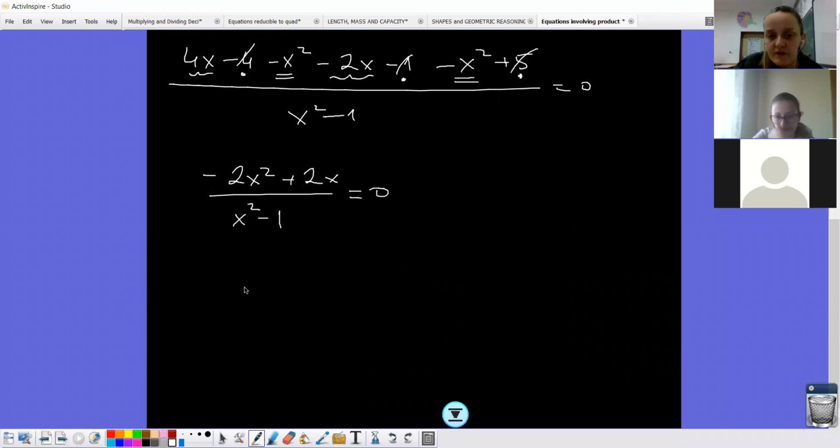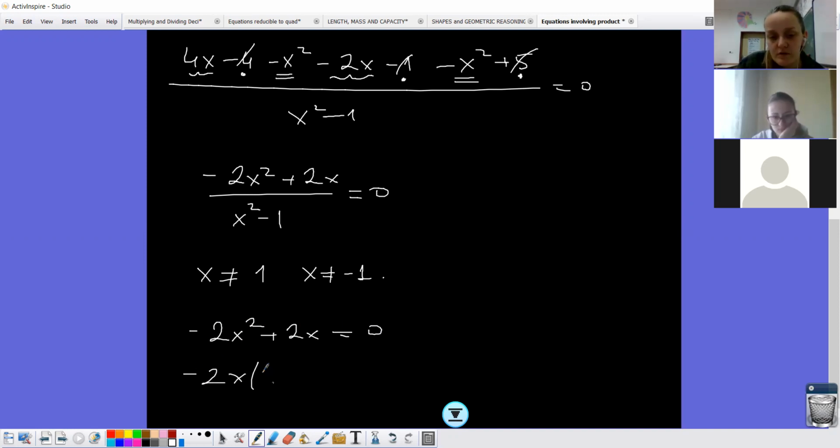Now from the denominator, we know that x cannot be 1 or minus 1. Now I'm taking the numerator, minus 2x squared plus 2x is equal to 0. I'm taking minus 2x in front of the parentheses, so in the first one, I have x minus 1. Am I right?